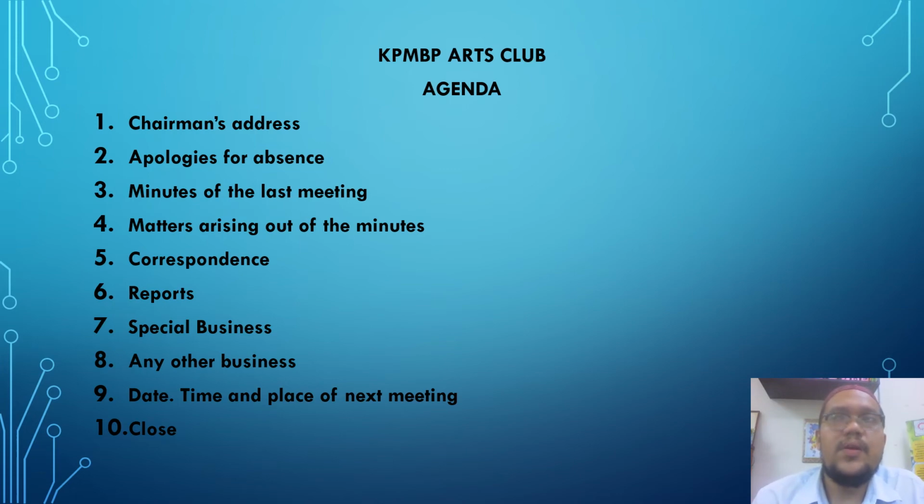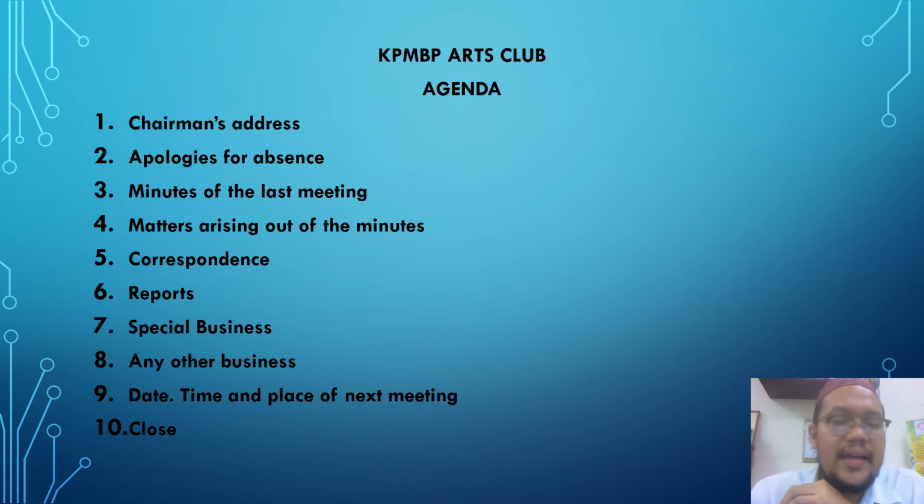The secretary will read the minutes one by one of the last meeting, and she will explain the detail. That's why half an hour of the meeting basically will be taken by reading the minutes of the last meeting.